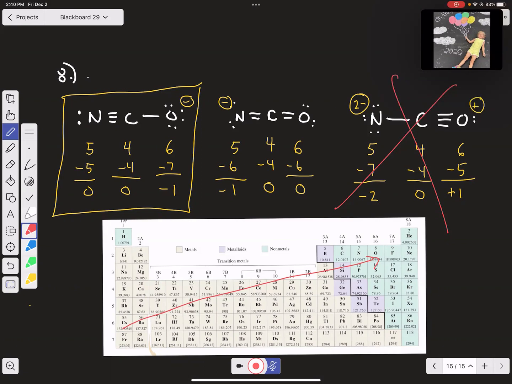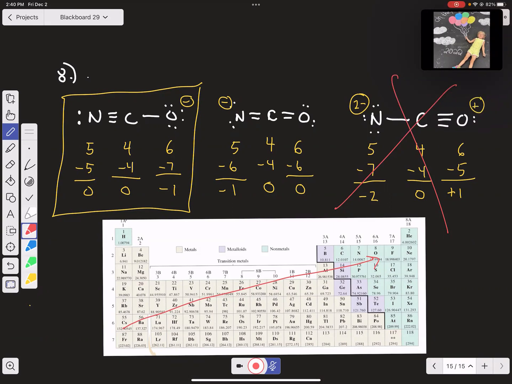So fluorine would be the most electronegative, followed by chlorine, then bromine, then iodine would be the least electronegative of that group. And if we're moving to the left, we're becoming less electronegative. So selenium would be less electronegative than bromine, because now we're moving in the opposite direction of our trend.